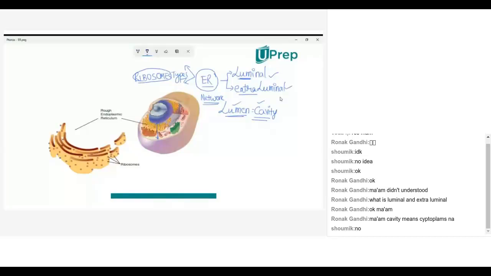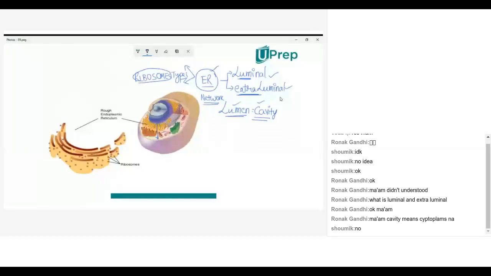Now, I'm giving the word lumen, meaning cavity. It's nothing but the whole cell inside. We call it a cavity filled with cytoplasm, isn't it? That's the basic point. The whole cell is filled with this semi-fluid, jelly-like substance called cytoplasm. Inside the cytoplasm, you have all these organelles. Now, the cytoplasm is forming the lumen of the cell, filling the whole cavity of the cell.